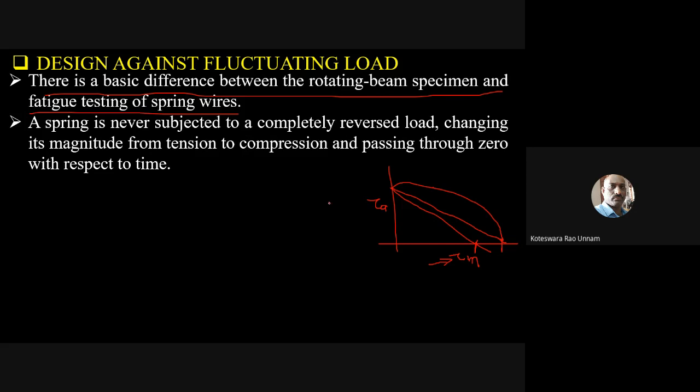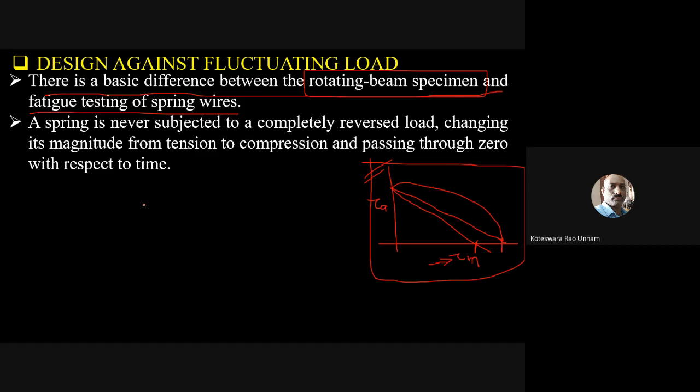But we derived these equations based on the fatigue strength you get from the rotating beam specimen, and I cannot use those values directly here. Why? Because there is a difference between the rotating beam specimen experiment and springs subjected to actual load.